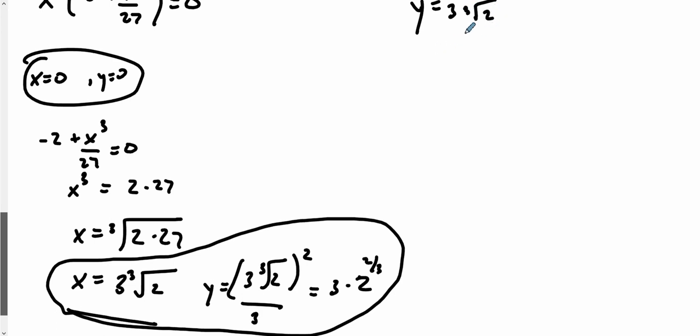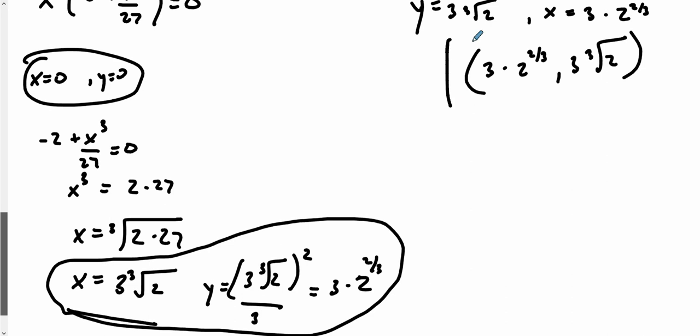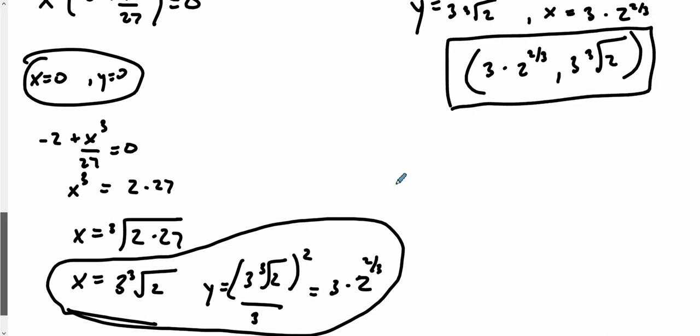And my x value, in this case, is going to be 3 times 2 to the 2/3 power. So I have this kind of reciprocal, or flip-flop, of our value right here. That would be reciprocal, but we have that. So you can see they're very, very similar, but our x's and our y's are going to be flipped around.